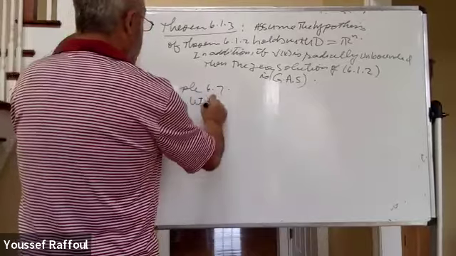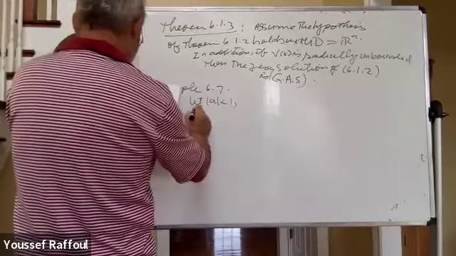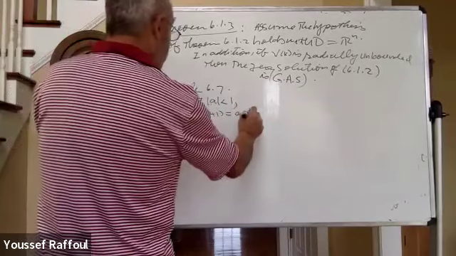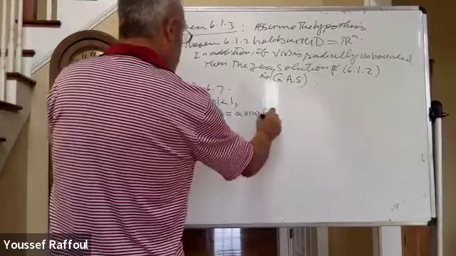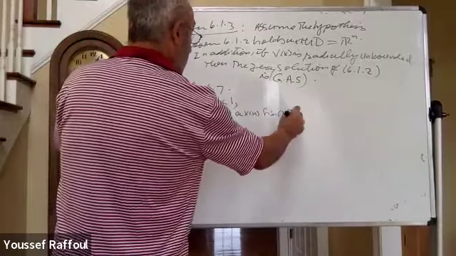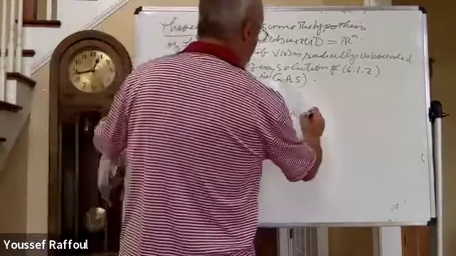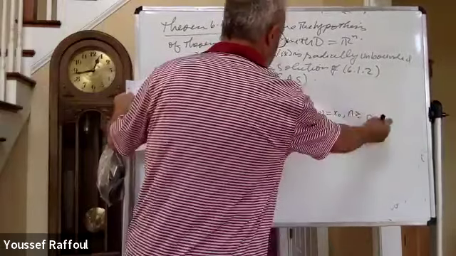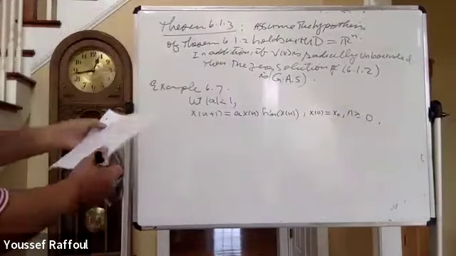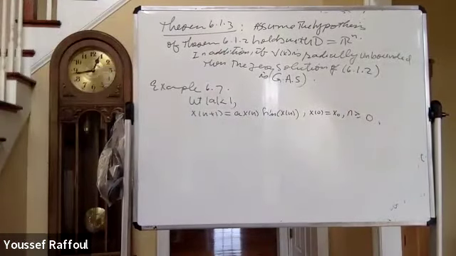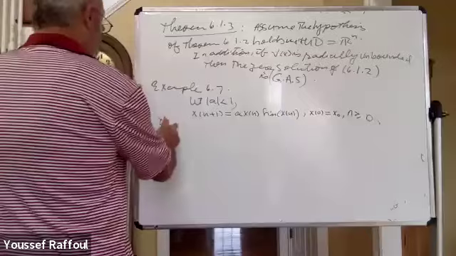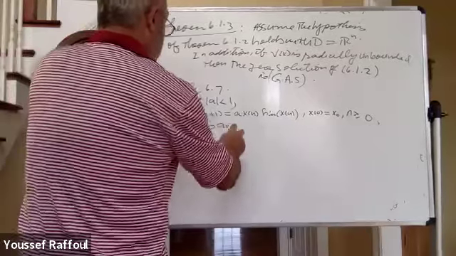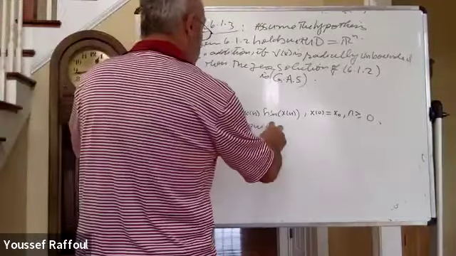Let a be less than 1, and we're going to take a look at x of n plus 1 equals a x of n sine of x of n, with x0 bigger or equal to 0. Then x star equals 0 is an equilibrium solution.